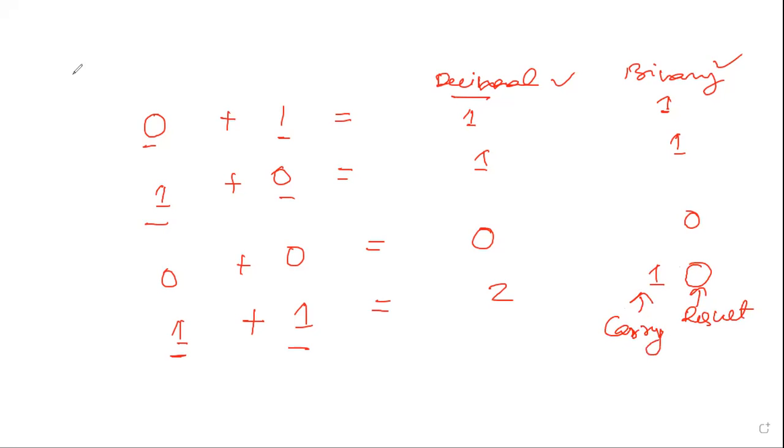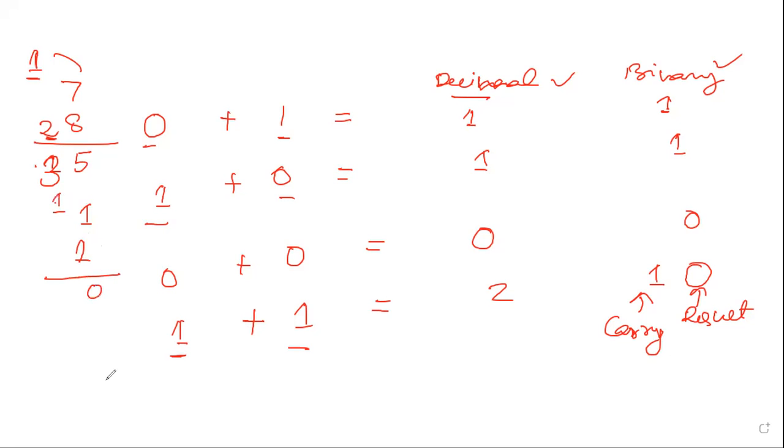What is a carry? Suppose when you are adding 7 plus 8, what is happening? 7 plus 8 is 15. Say you write 5 here and you take out the carry on this side and then you write 15. If there is another number, say 2 is written here, then you will add this carry with this 2 and your answer will be 35. Same way it is built here also. When I am adding a binary 1 with another 1, then my answer will be 0 with a carry 1 here. I will write a carry here.